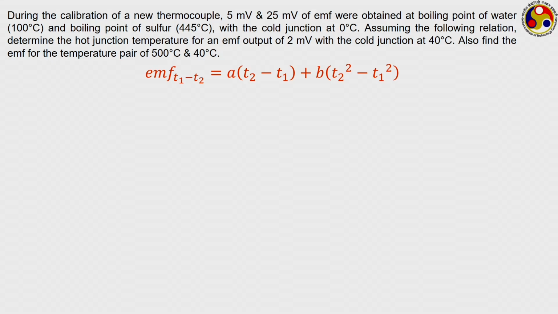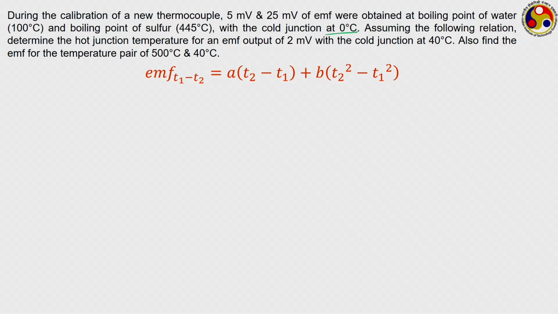So, we are talking about the calibration of a thermocouple. During the calibration process, the cold junction is maintained at this temperature and the hot junction is taken in contact with two standard temperatures. One is the boiling point of water, which is 100 degree Celsius, and the other is the boiling point of sulfur, which is 445 degree Celsius, and the corresponding EMFs have been measured.